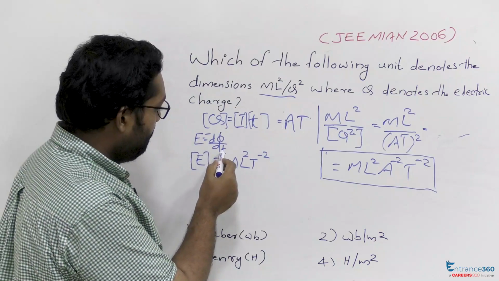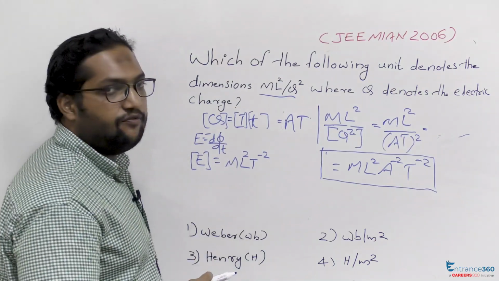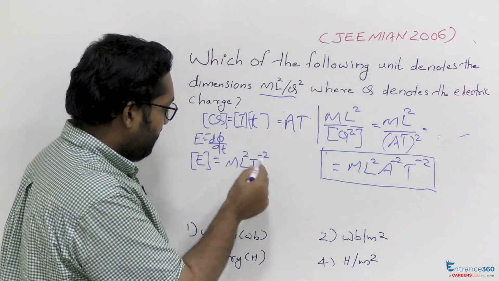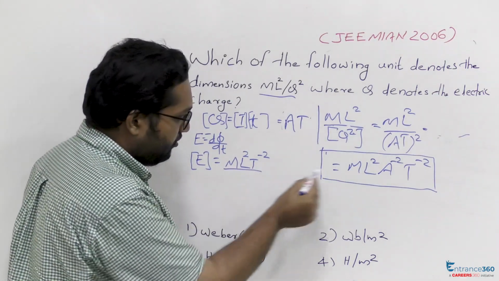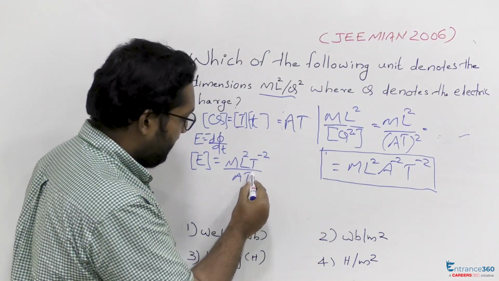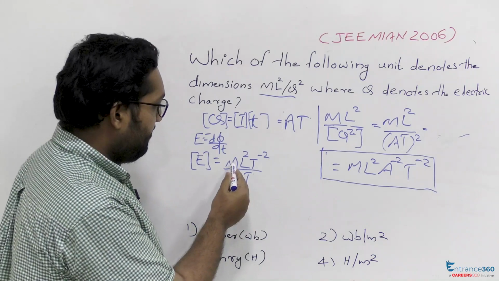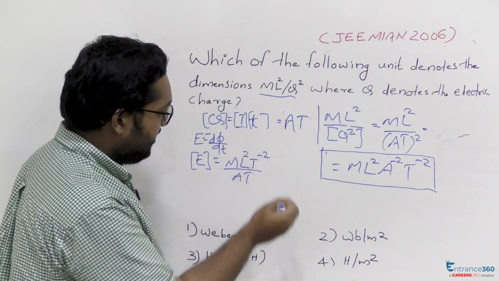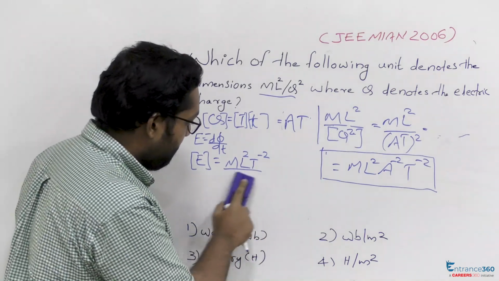So E into T is phi, flux. The dimension of E is work done per unit charge. The dimension of charge is ampere time, so the dimension will be M L square A raised to minus 1 T raised to minus 3.